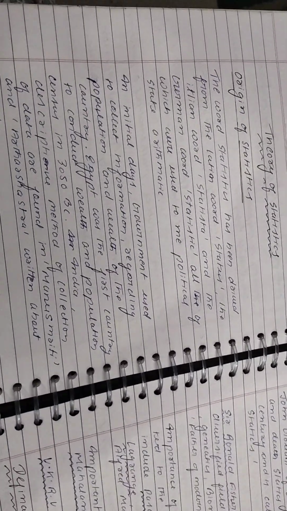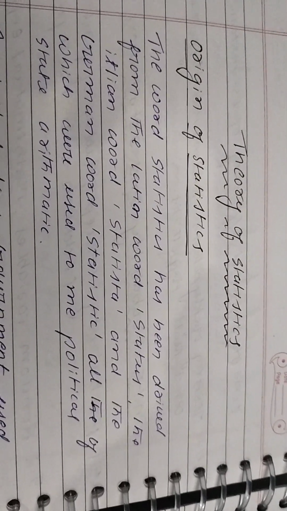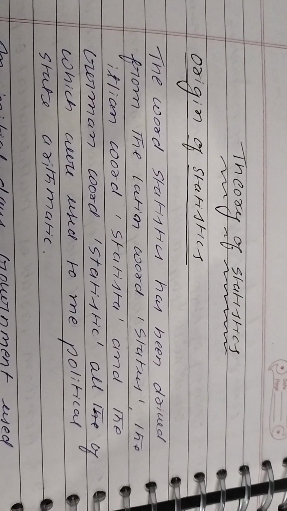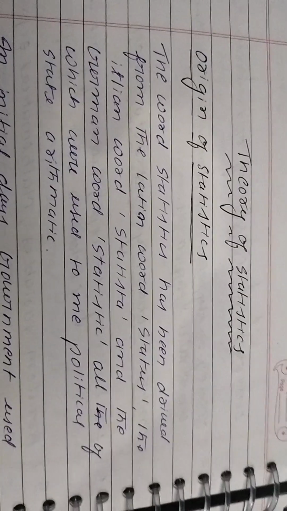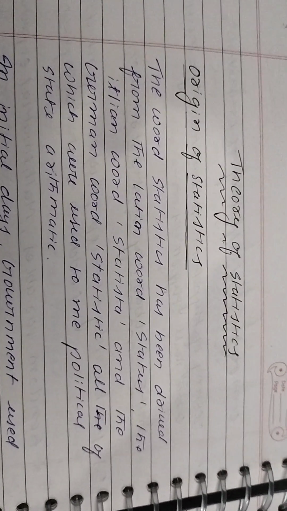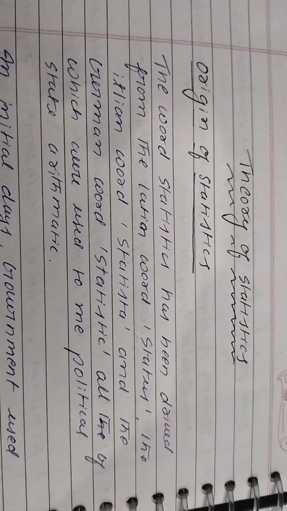I will start with the theory of statistics. The word statistic has been derived from the Latin word status, the Italian word stata, and the German word statistik, all of which were used to mean political state arithmetic.